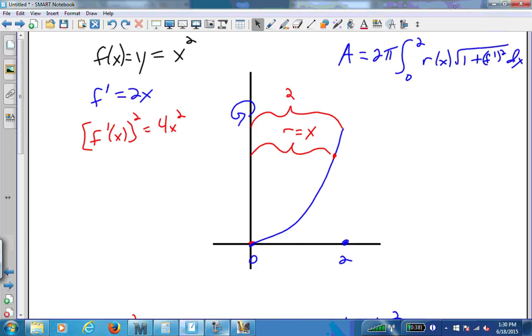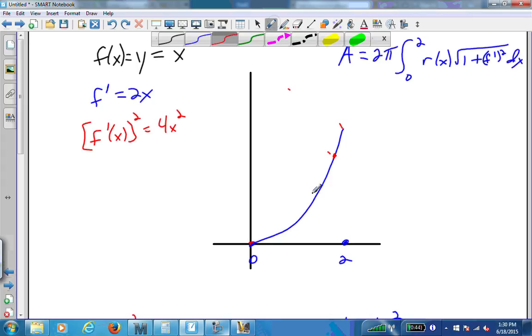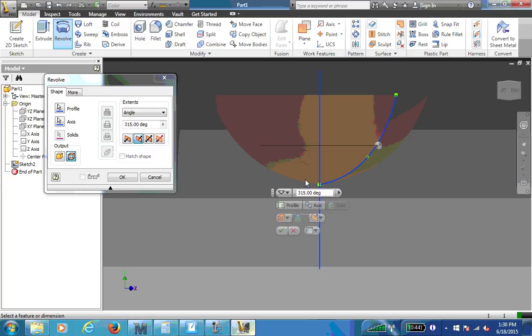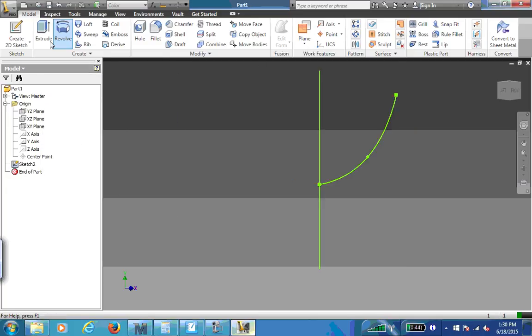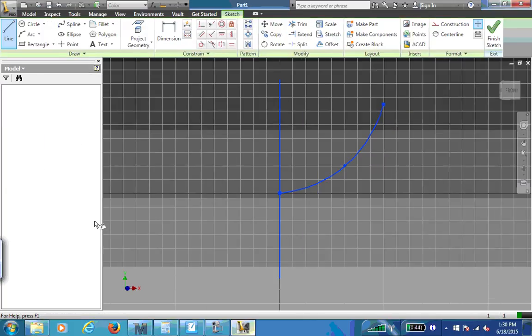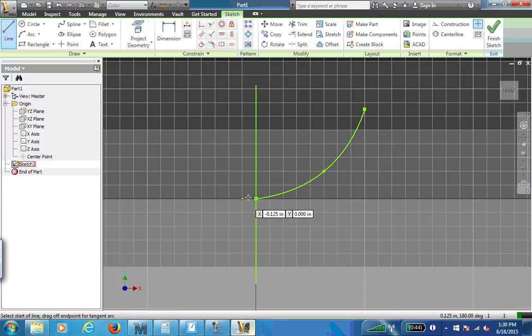Let's look at setting up the integral if we were to do that same problem, but rotate it around the x-axis instead of the y-axis. So rotating it around this way. Let's just see what that would look like. Need to come in, put an x-axis in here.